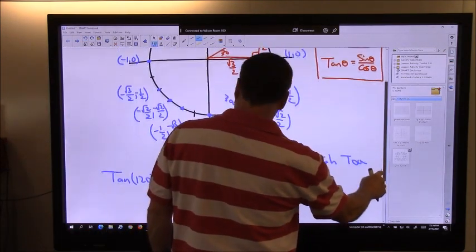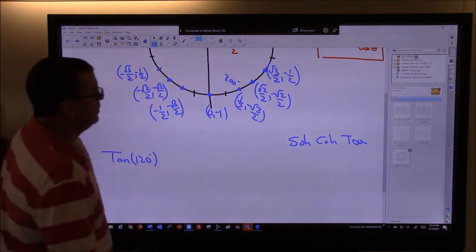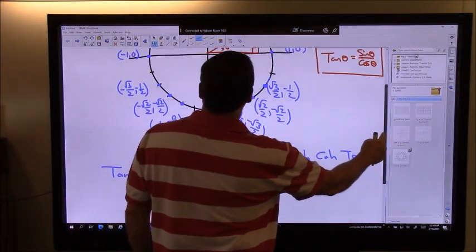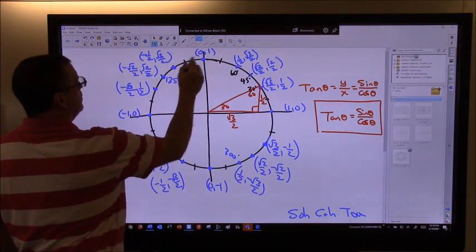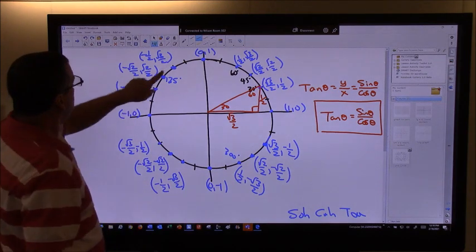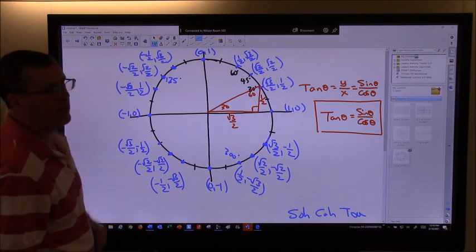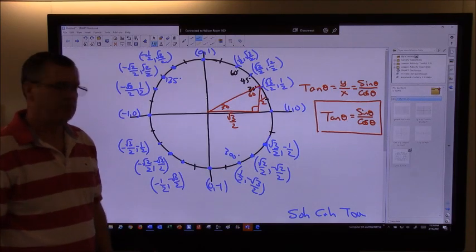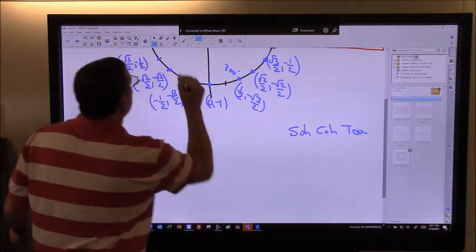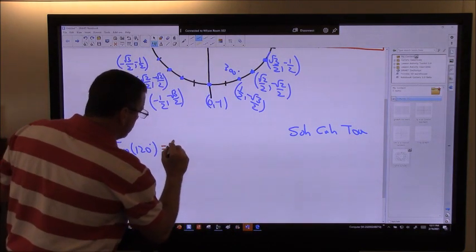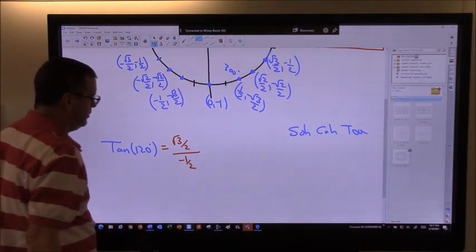So if I asked you guys, what's the tangent of 120? Well, I just need to go to wherever 120 degrees is. So here's 90 plus 30, that puts me right here. If I want the answer, I just need to do root 3 over 2 divided by a negative 1/2.